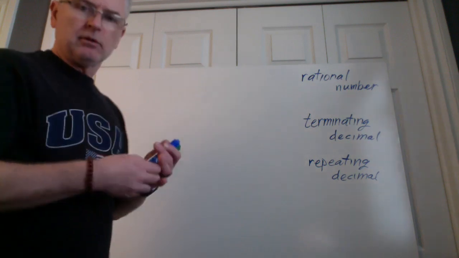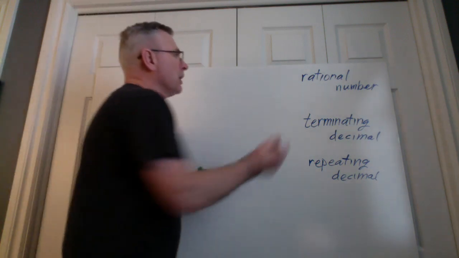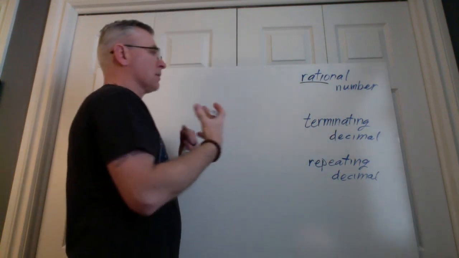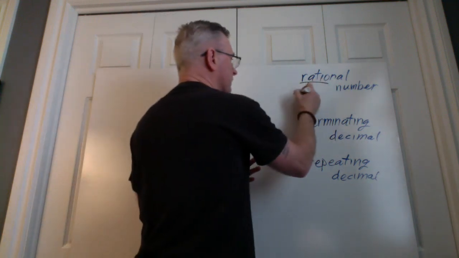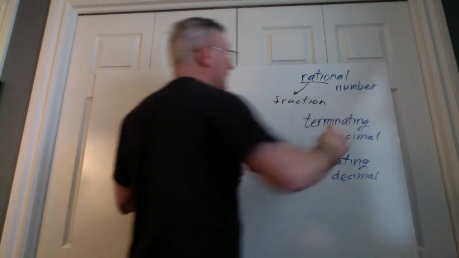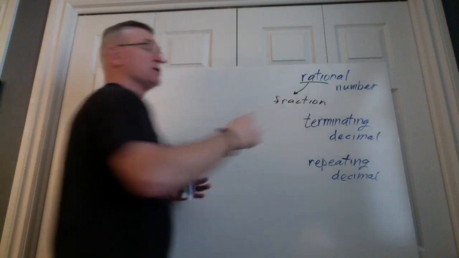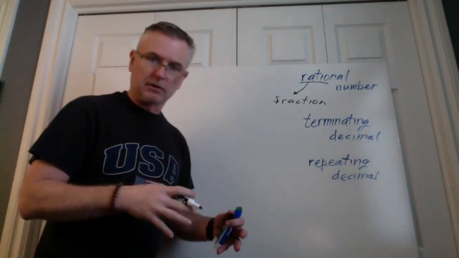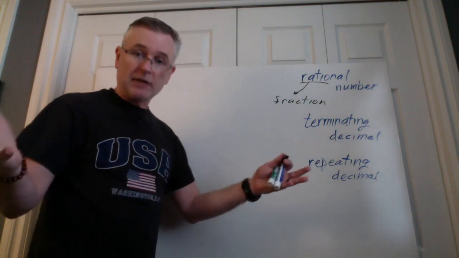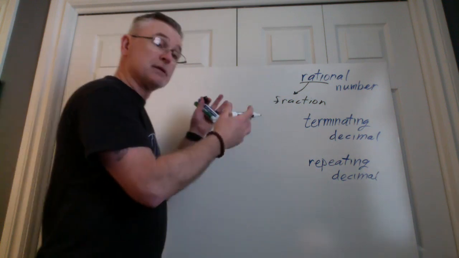A rational number is a number that can be written as a ratio. Now, to me, ratio means fraction. So if you ever have any question as to whether a number is rational or not, if you can write it as a fraction, it's rational because it's a fraction.